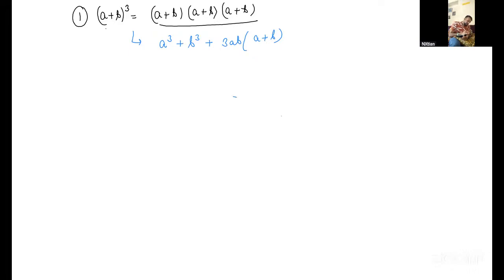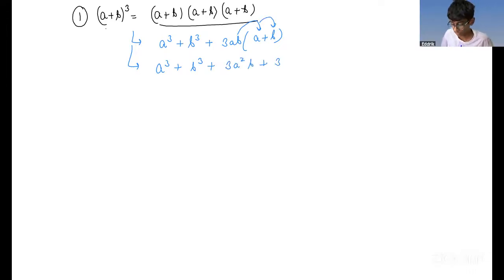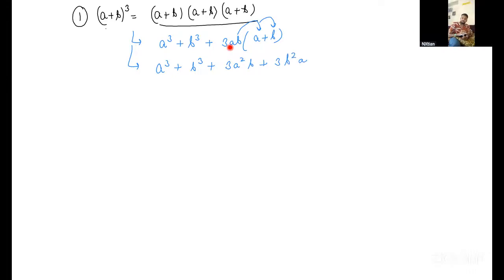And the second identity is not the same thing, but it's basically multiplying it. So it will become a cube plus b cube, and then it will multiply with both the numbers. It will become 3a square b plus 3b square a. Basically, I just multiplied 3ab by a and 3ab by b. So when I multiply 3ab into a, it becomes 3a square b plus 3b square a.